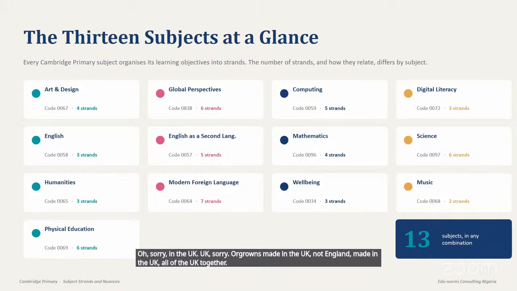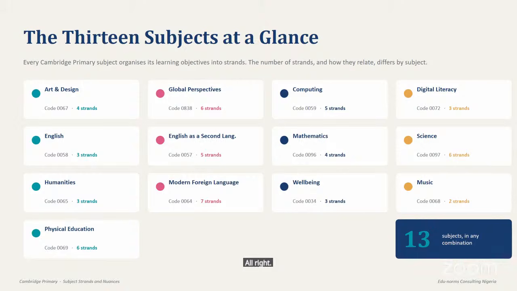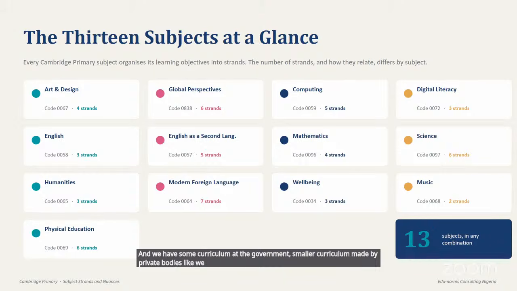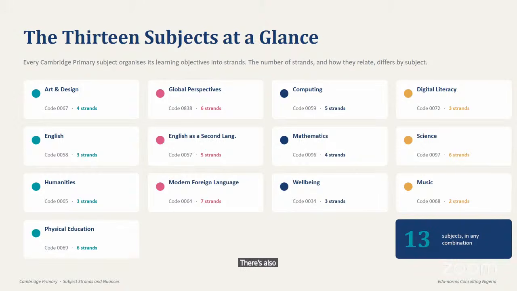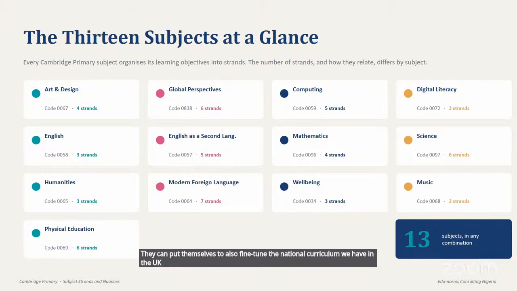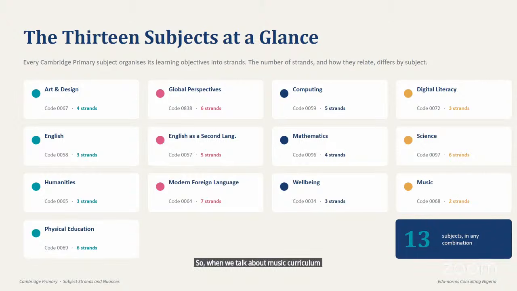We have some curriculums made by the government, and some other curriculums made by private bodies, like we have NAPS in Nigeria here as well. We also have some educational institutions that take it upon themselves to fine-tune the national curriculums we have in the UK. So when we talk about the basic curriculum, there are many of them.